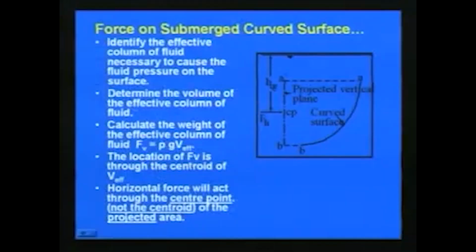Then we find the location of Fe through the centroid of V effective, as we have already seen for the vertical resultant force in the various cases. The horizontal force acts through the center point of the projected area, and that we can also determine as we have seen in the previous case.